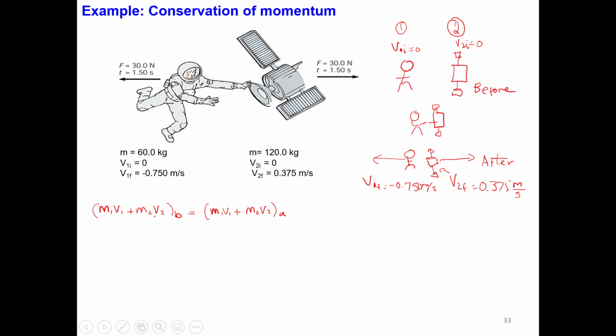We know these velocities just before the interaction were equal to 0. This velocity equals 0, this velocity equals 0. If we multiply any number by 0, we will get 0 here. Then we will have this.